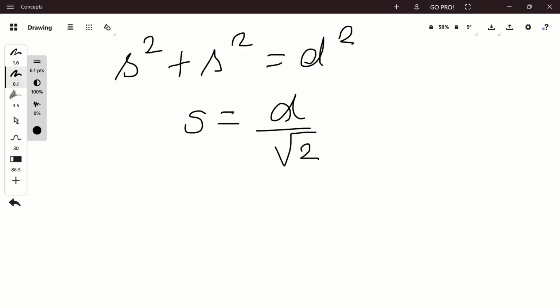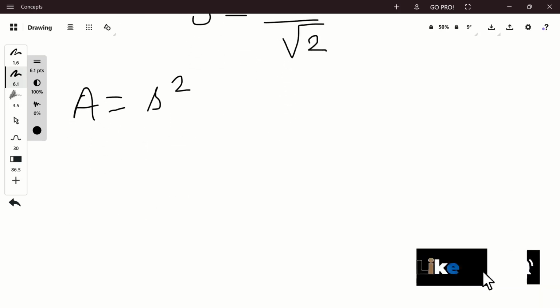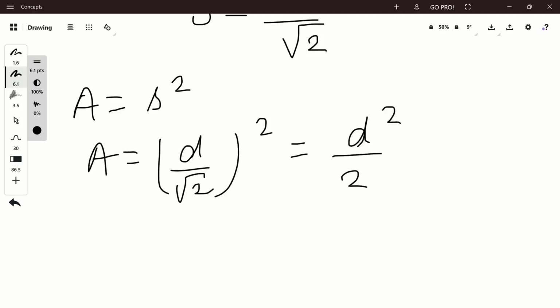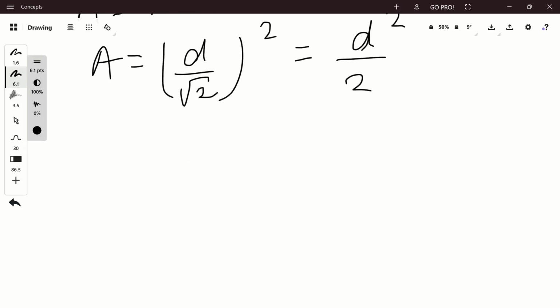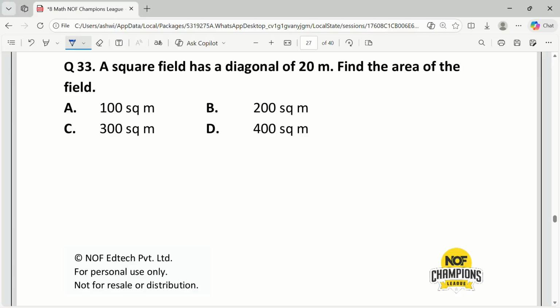The area of a square is given by A is equal to s square. Substituting the expression for s in terms of d, we have area is equal to d upon root 2 whole squared, which is equal to d square upon 2. Substitute the given diagonal length, that is d is equal to 20. We have A is equal to 20 squared upon 2, which is equal to 200. Comparing with the given options, the answer is B, 200 square meter.